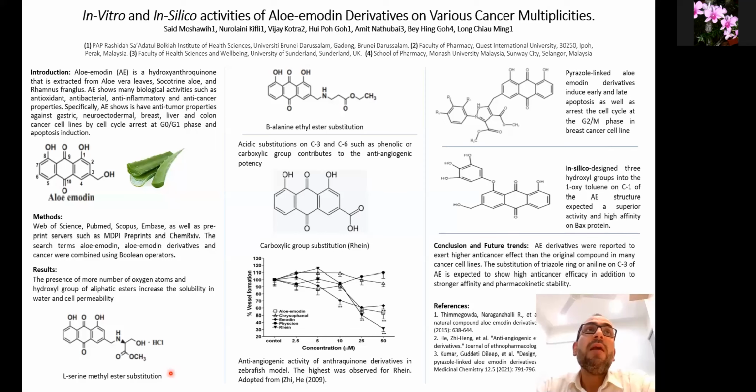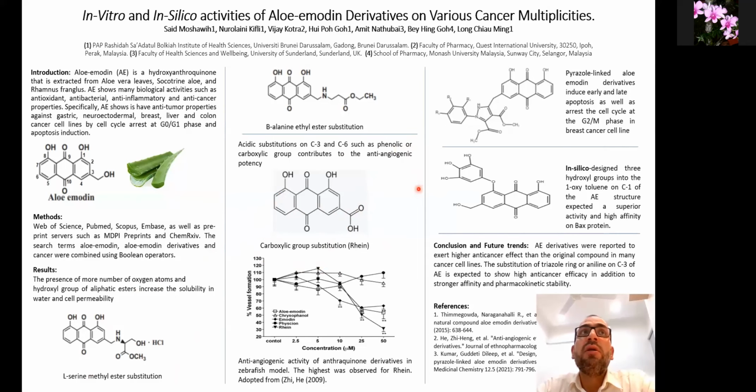Firstly, the presence of oxygen and hydroxyl group on carbon number 3 of the aliphatic ester increases the solubility and cell permeability. Secondly, the anti-angiogenic activity has significantly increased due to the acidic substitution on carbon number 3 or carbon number 6.